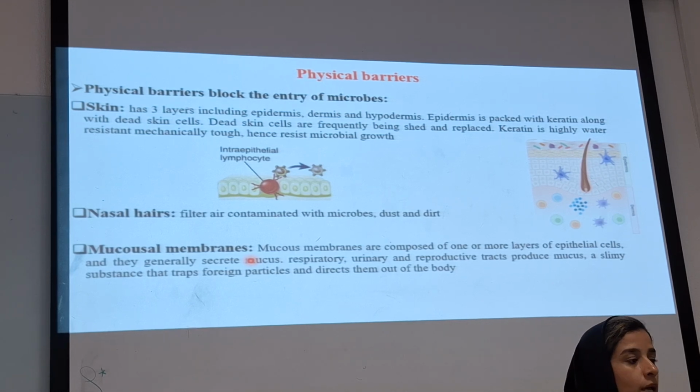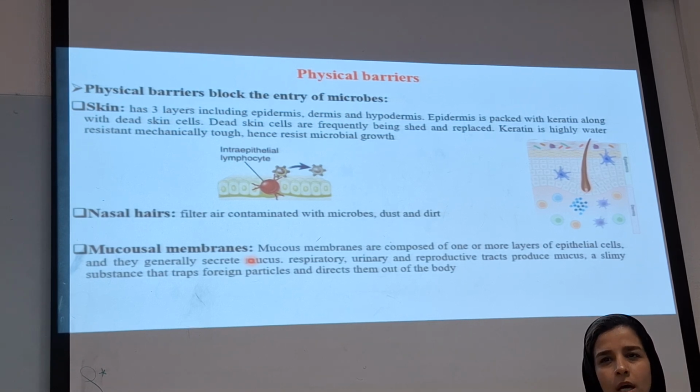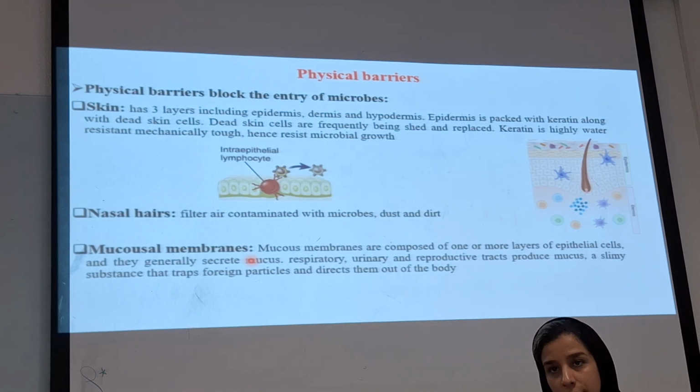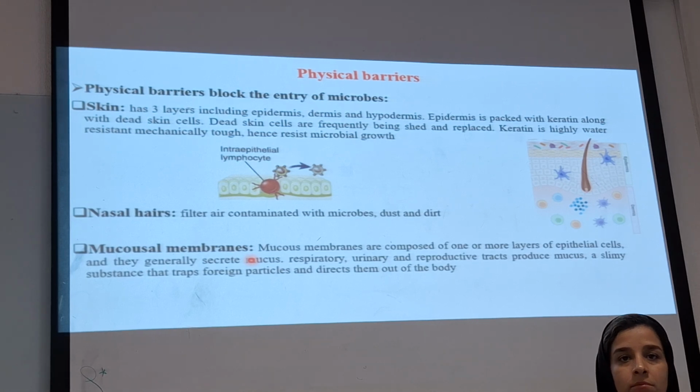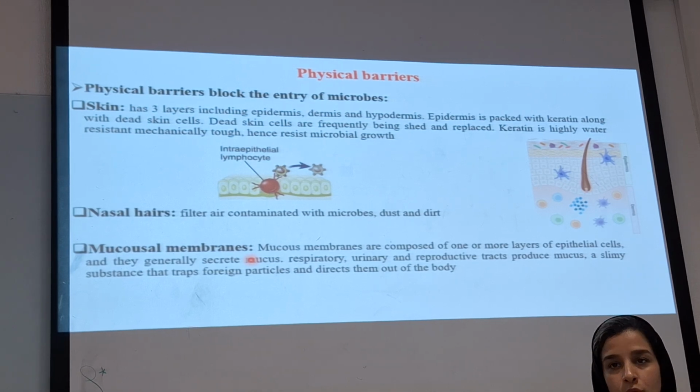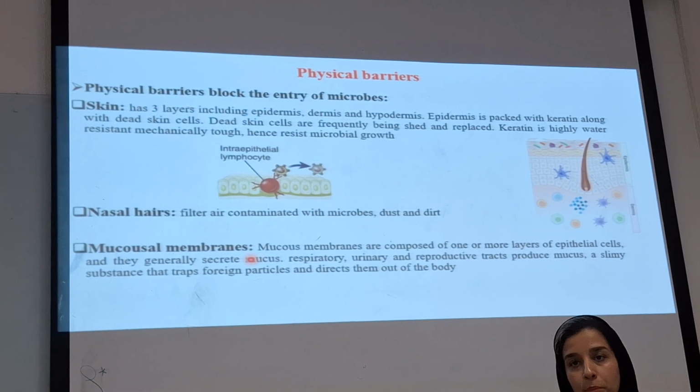For example, in our respiratory tract, sputum is a kind of mucus along with microbes, and this combination directs the pathogens that have entered our respiratory tract out of the body.